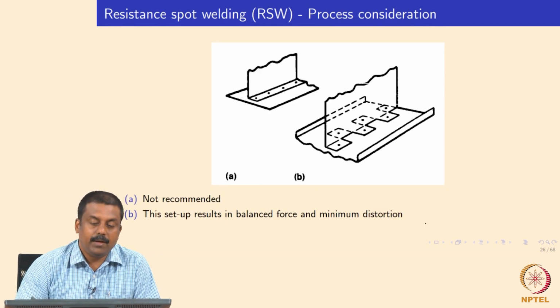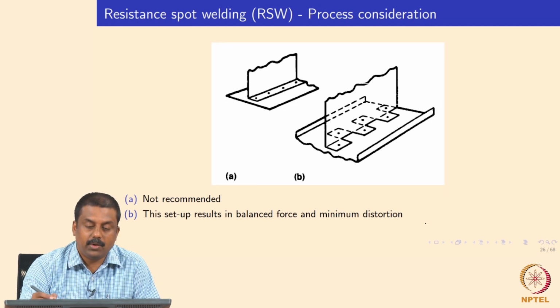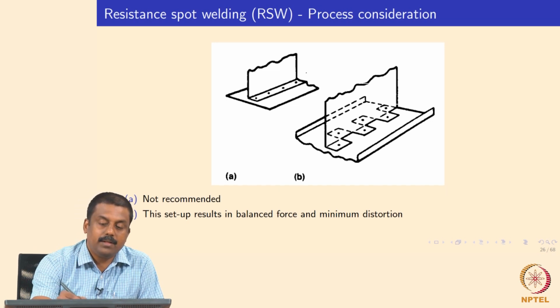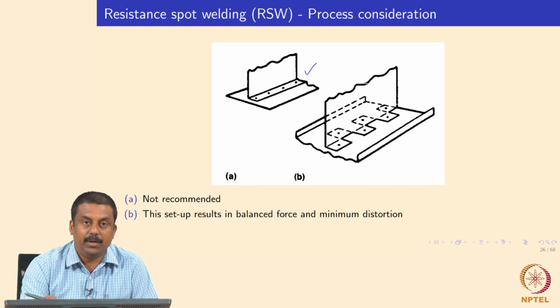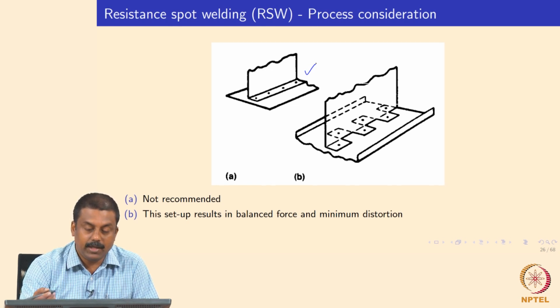And again, if you are welding in T joints, this is obviously not recommended. We don't go into detail about why it's not recommended. Obviously, we need to do a stiffness analysis and free body diagrams and those things, and we don't want to discuss it here.